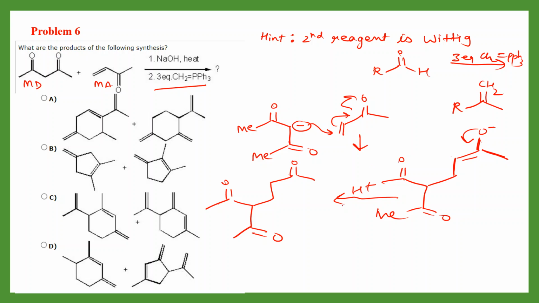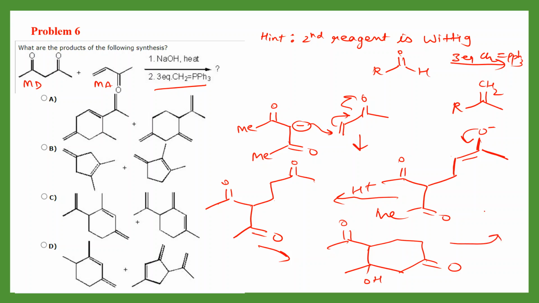Correct. Now the Robinson annulation reaction. Remember, one, two, three, four, five, six. A six-membered ring will form. I hope you all have understood how I have made this product.